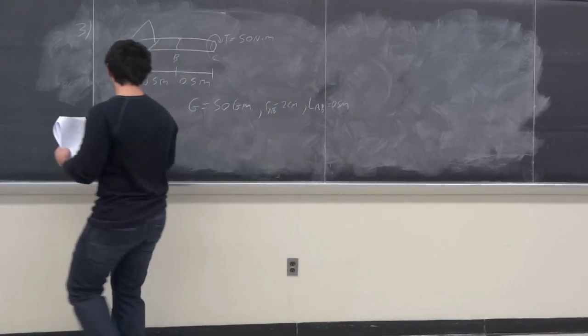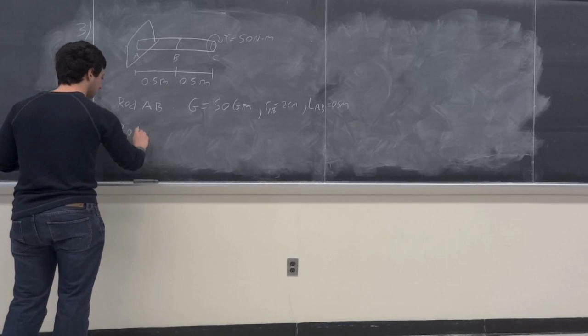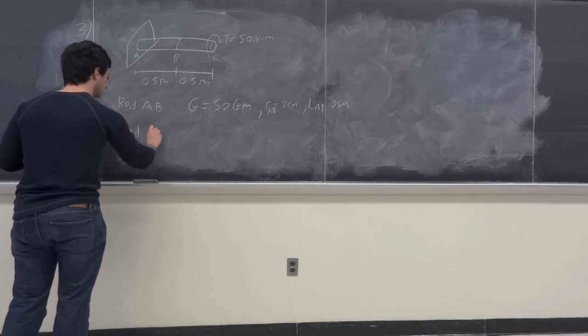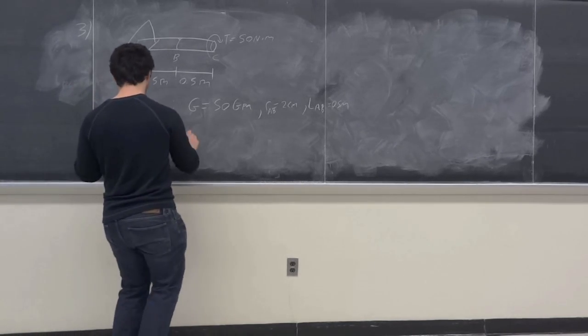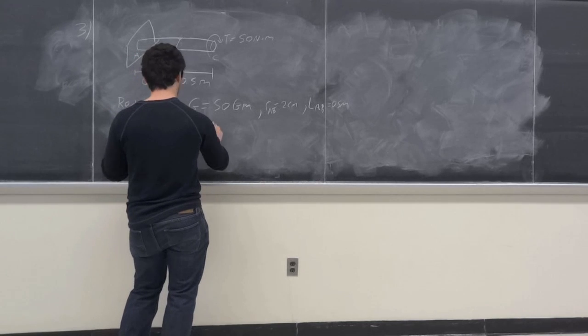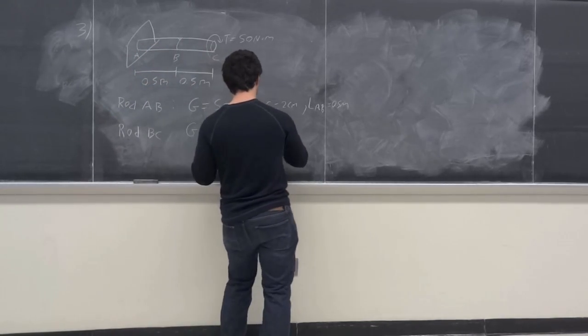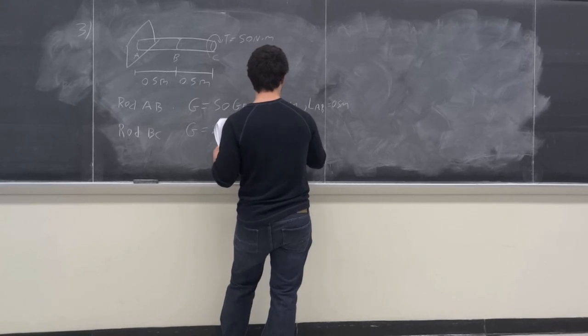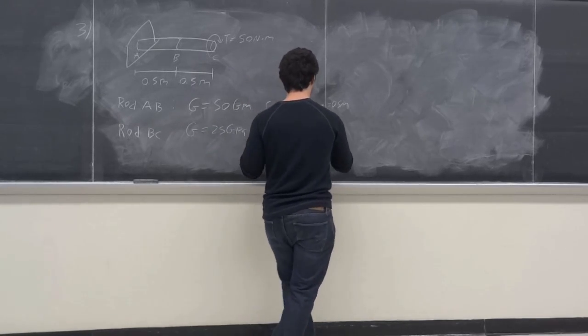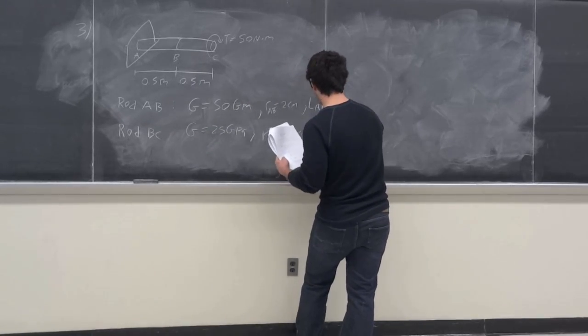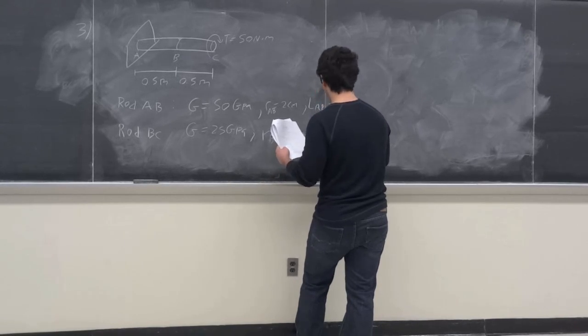And then let me give you the information about rod BC. They give you the shear modulus is 25 GPa. R_BC is obviously the same, 2 centimeters, and the length is the same, BC is 0.5 meters.